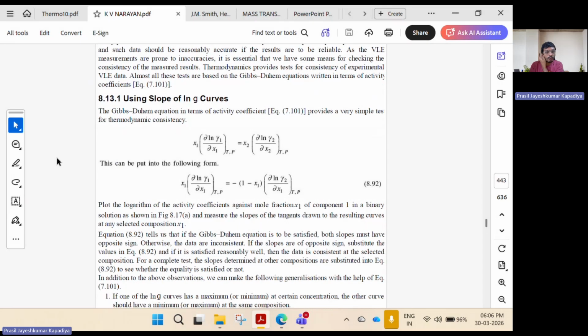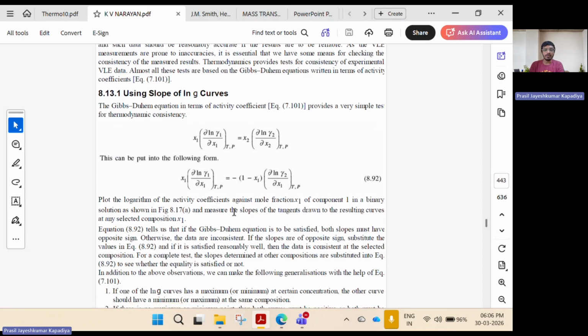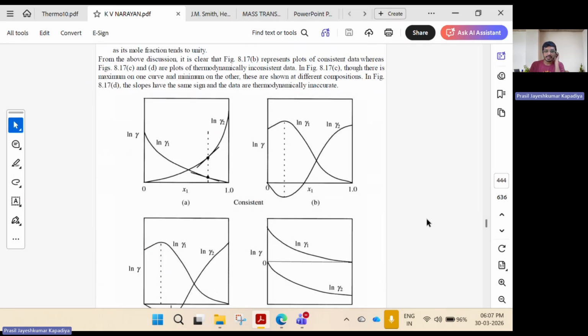So plot the logarithm of activity coefficients against mole fraction x1 of component 1 in a binary solution, as shown in this figure, and measure the slopes of the tangents to the resulting curves at any selected composition. So this is ln gamma versus x1, where this is for ln gamma 1 and this is for ln gamma 2, and we are plotting with respect to x1.